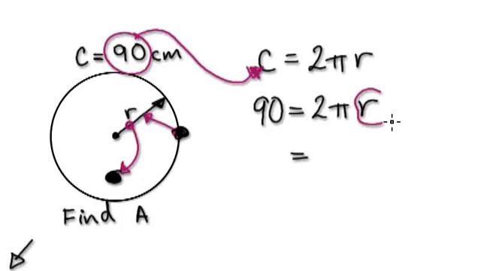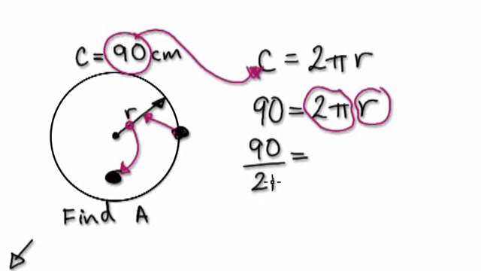Now keep an eye on the r, because we want to work out what r is. So now divide both sides by 2 pi. So take the 90 down, divided by 2 pi equals r. We can simplify this by dividing top and bottom by 2.